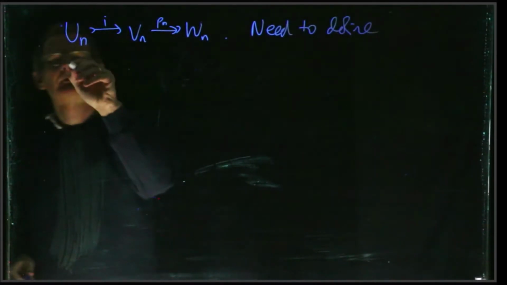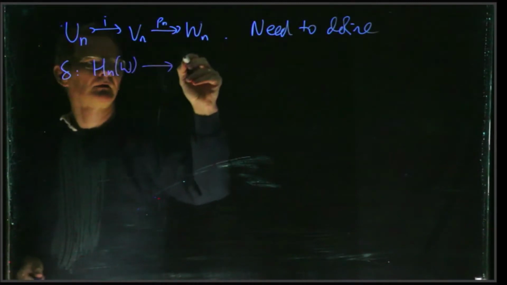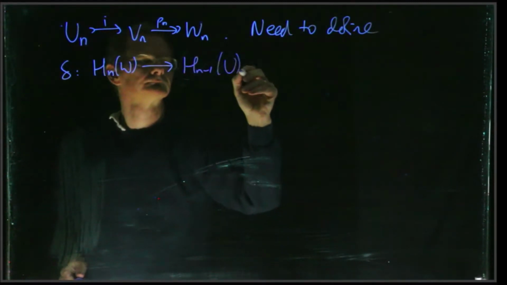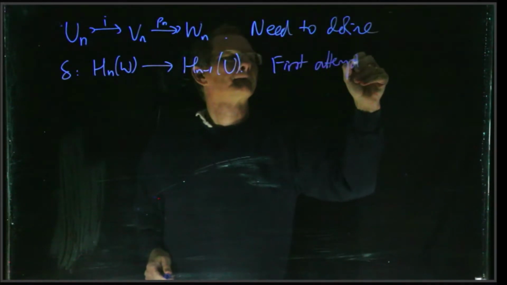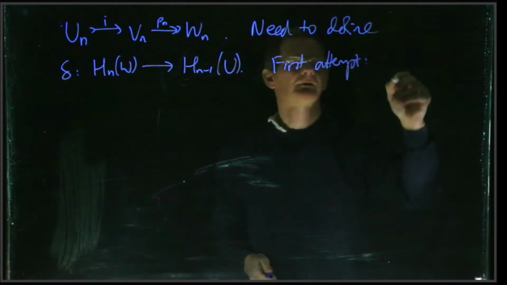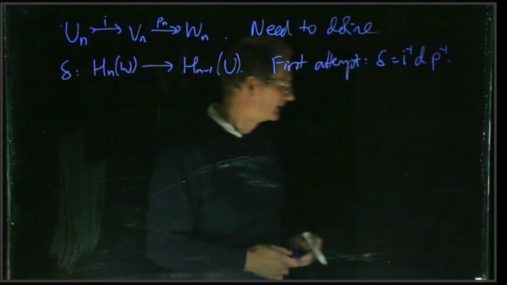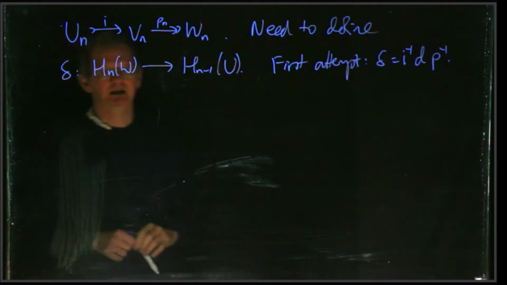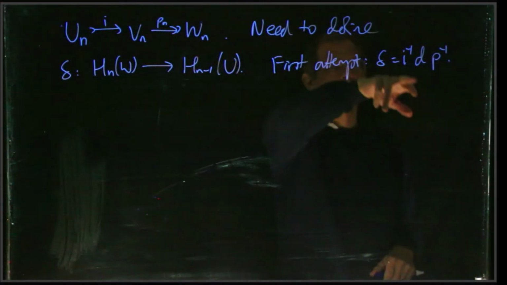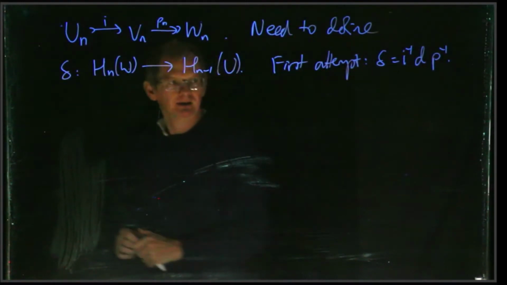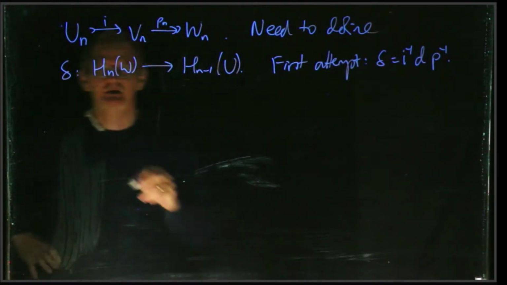So we need to define this delta from H_n W to H_{n-1} U. So our first attempt, as it were, is that delta is I inverse d P inverse. Okay. This is not really much of an attempt. What does it even mean? I mean, P is not an isomorphism, so what's P inverse? And then I is not an isomorphism either, and so it doesn't quite make sense, but it's kind of an initial indication of what we're supposed to do.